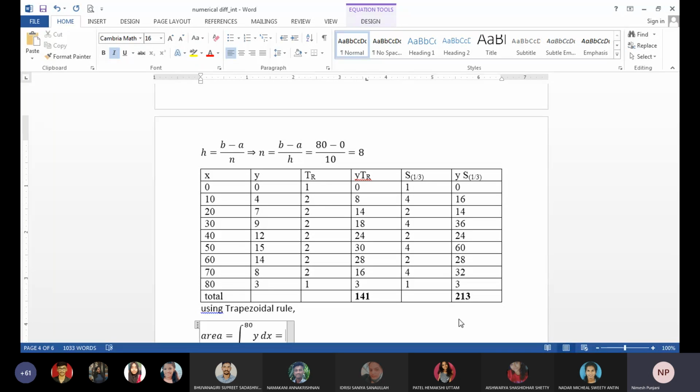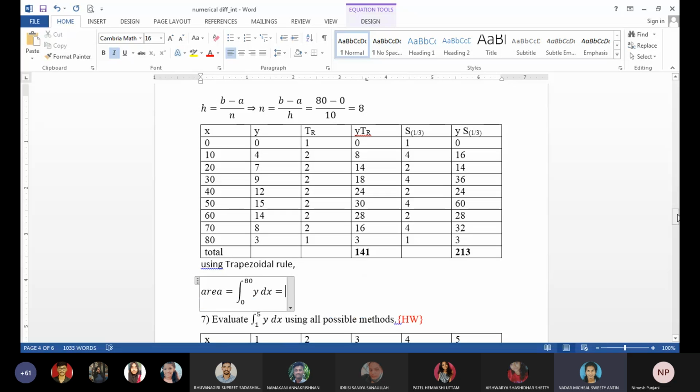First you confirm about the total and then we will go to the formula part. So totals are correct. Totals are correct.